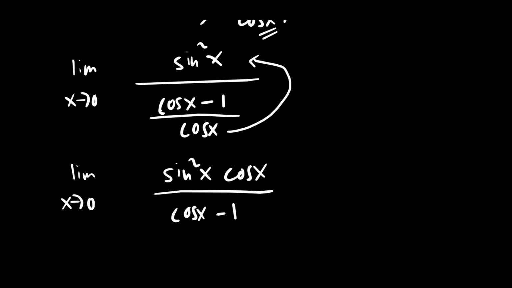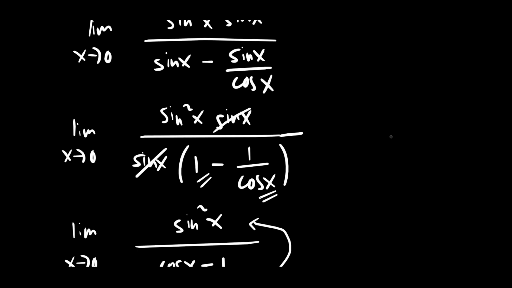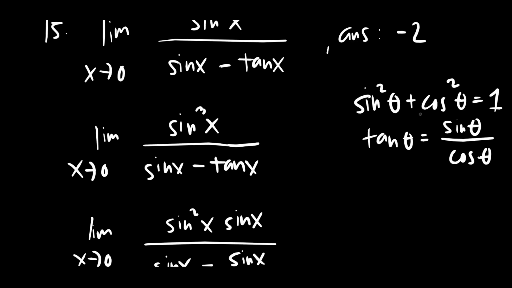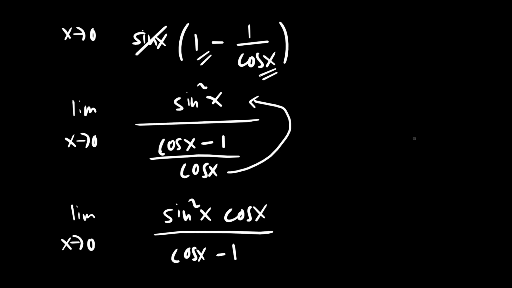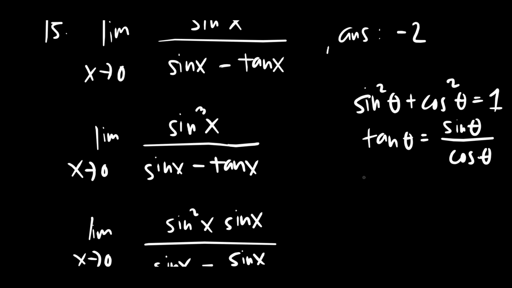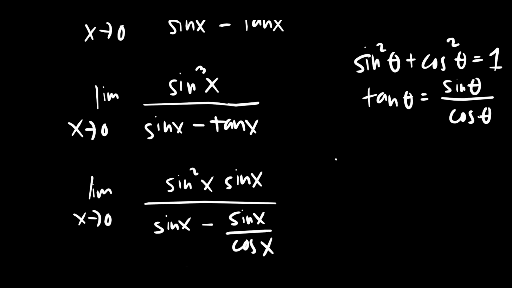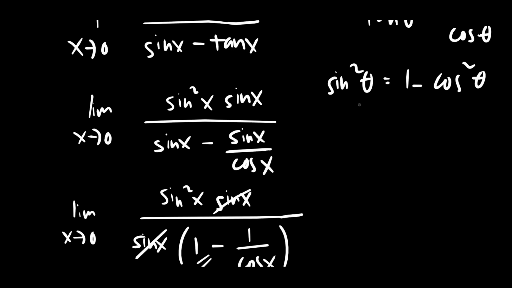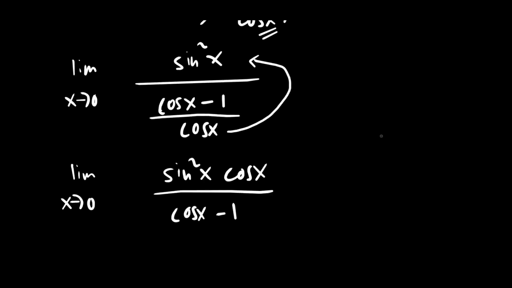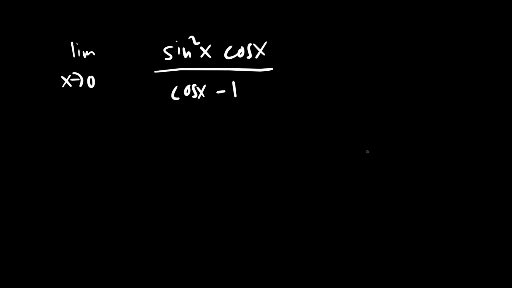Notice that by the identity sine squared theta plus cosine squared theta equals 1, sine squared theta is equal to 1 minus cosine squared theta.